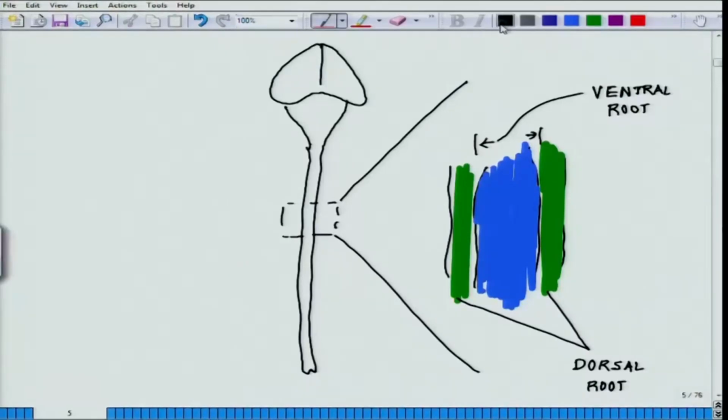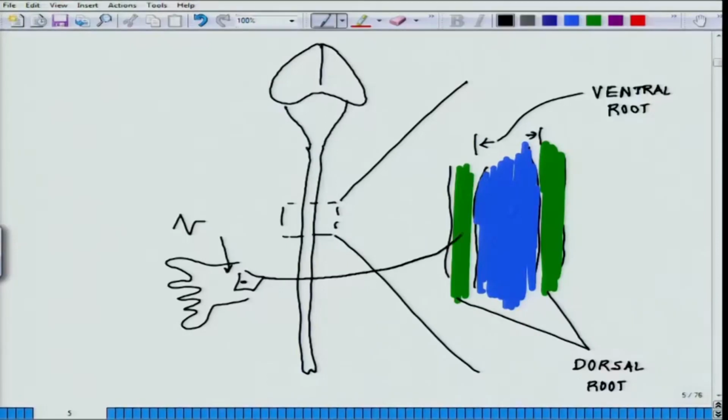Let's say here is my hand. There are some neurons sitting here. These neurons get the signal that somebody has hit. So, it generates an electrical signal. That electrical signal is traveling all the way. The direction of travel is like this.